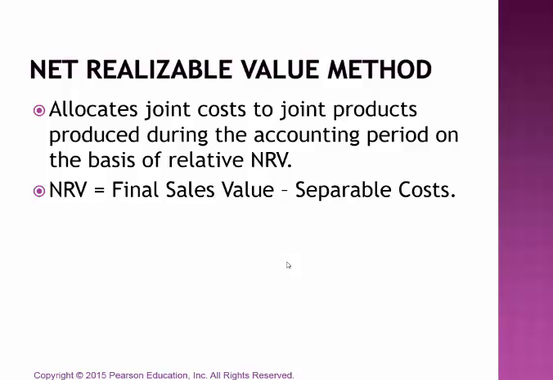All right, so the NRV, or net realizable value, stands for coming up with an amount when we take the gross or final sales value, and that is for all the product produced during the period, not just for what is sold during the period, but the actual gross sales for all, minus the separable cost, the cost incurred after the split off point for those individual products.